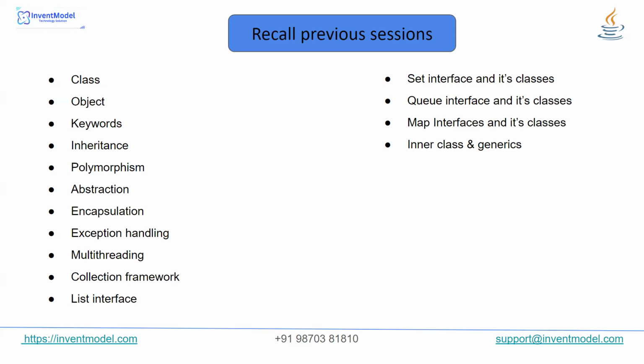Now let's discuss polymorphism in Java. What is polymorphism in Java? Basically, poly means many and morph means form. So it means we can do a single task in different ways, and this process is called polymorphism in Java. And now let's discuss abstraction in Java.